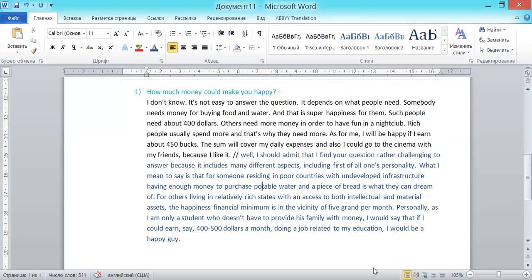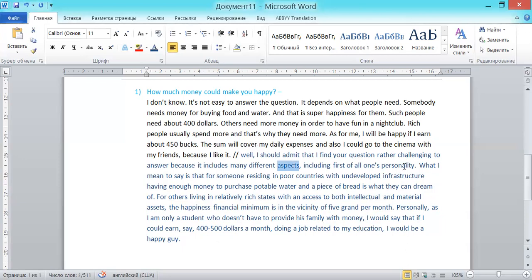For example, here I use the I would construction, which is the second conditional structure. I use gerunds, I use infinitives, and I use modal verbs. So anything which could bring up my score for writing. Well, and in vocabulary terms, I use, I'd say, more advanced words. For example, what are they?